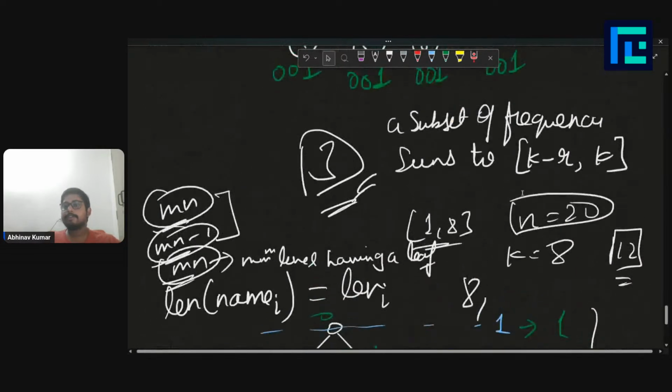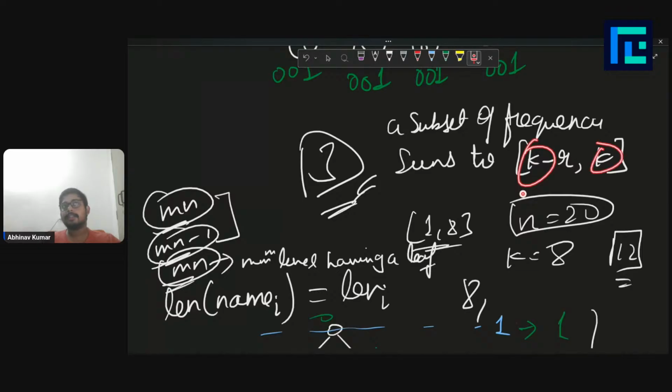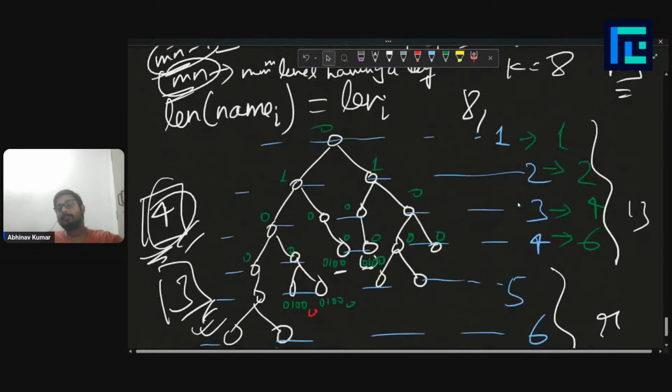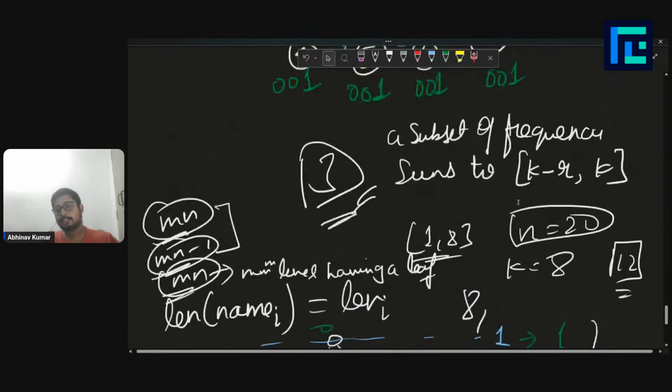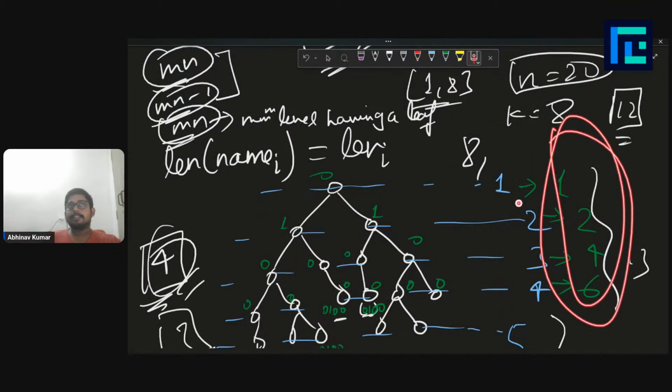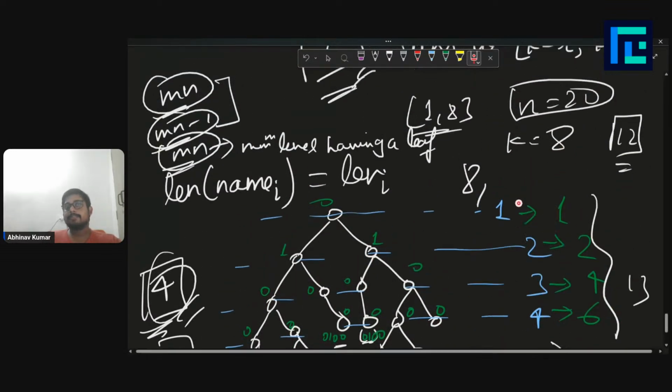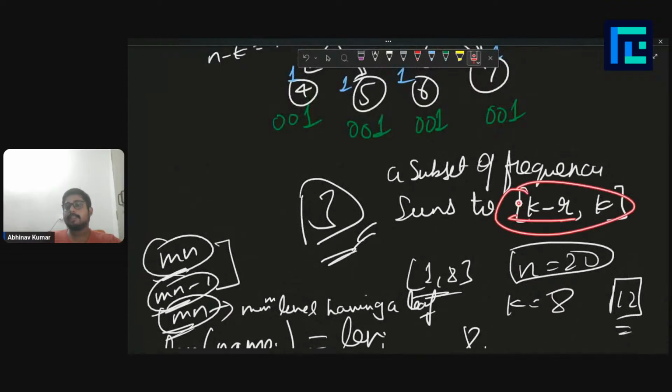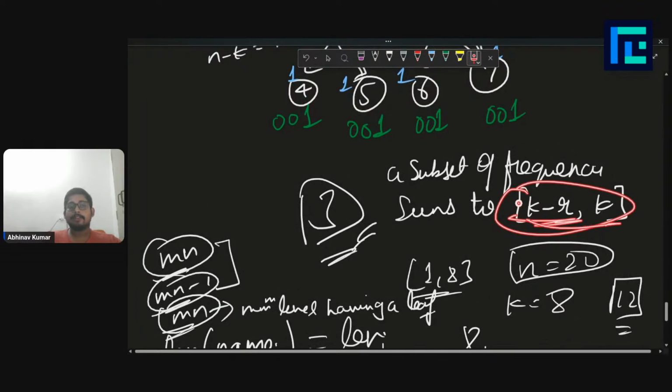If there are 0 remaining elements, it should sum up to exactly k. The more remaining elements, the more it eases our equation. So we just need to apply knapsack in these and check if there exists any subset that sums to anything in this range, then our answer is yes, our answer would be mn, otherwise our answer would be mn minus 1. I hope the logic is clear.